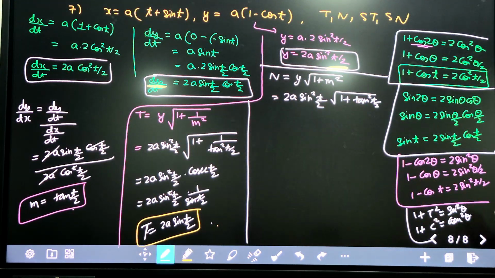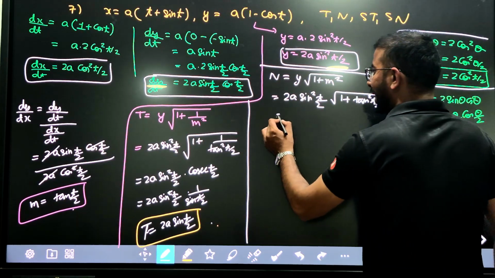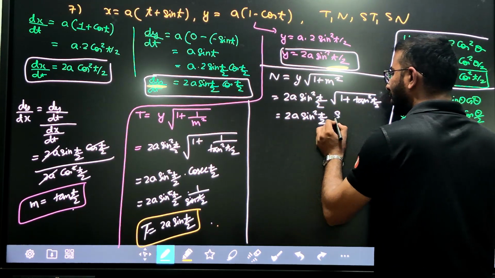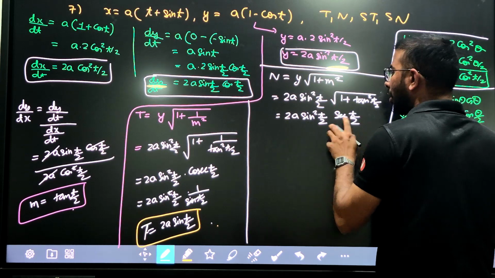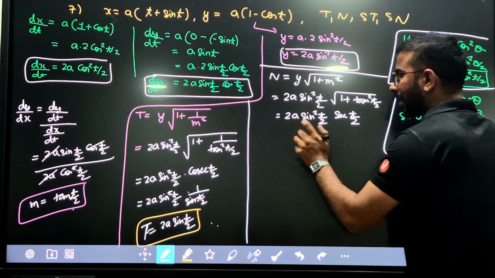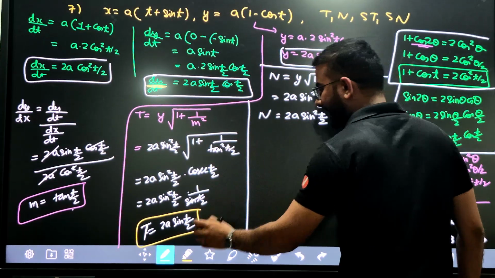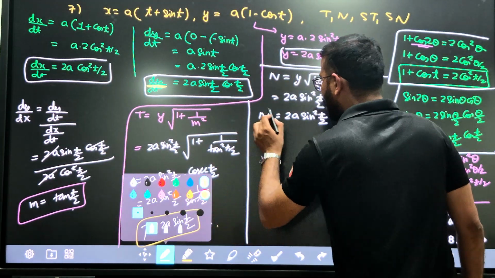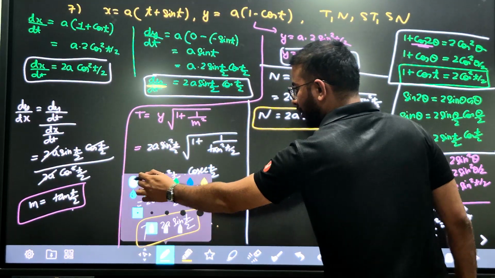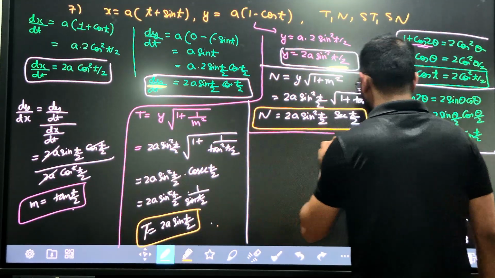Under root secant square theta is secant theta. So keep this as it is: 2a sin square t by 2 into secant t by 2, which can be written as 1 by cos and all. We can make a lot of changes, but leave it here. This is also 100% correct. Those who can make the changes, please do. Otherwise, no need to trouble yourself. So 2 are done.